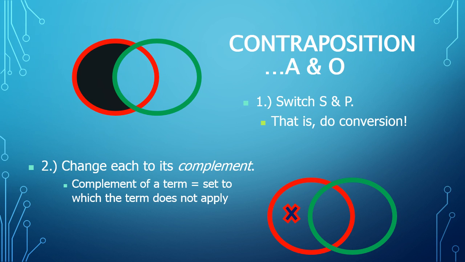And a complement of a term is the set of all things to which the term does not apply. And typically you get a complement just by putting the expression non right in front of your class term. So for dogs, the complement of dogs would be everything that isn't a dog, or more simply, just non-dogs. So you got two steps here. Do a conversion, and you're already familiar with that, and then change each of our terms to its complement.